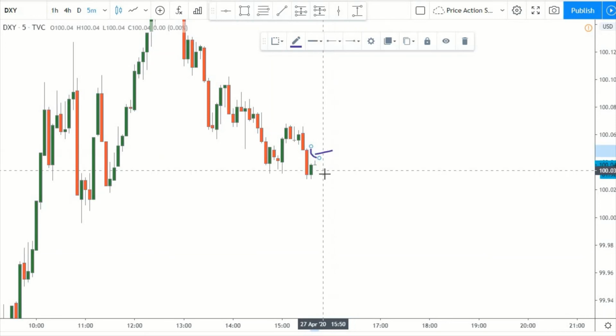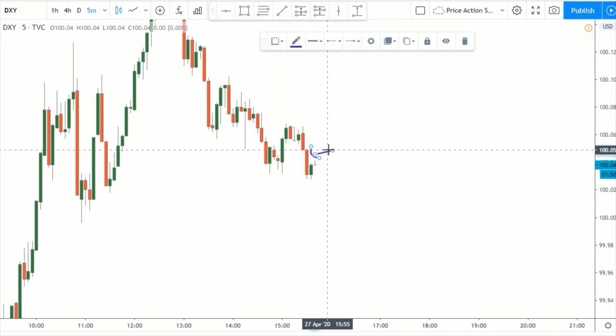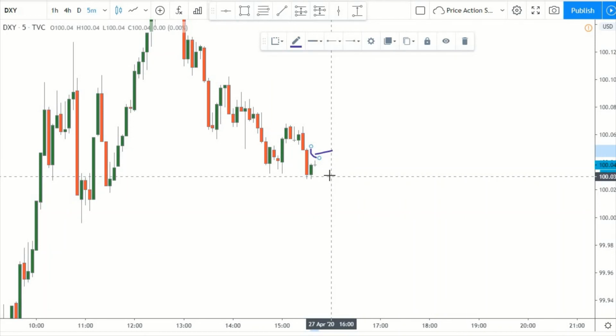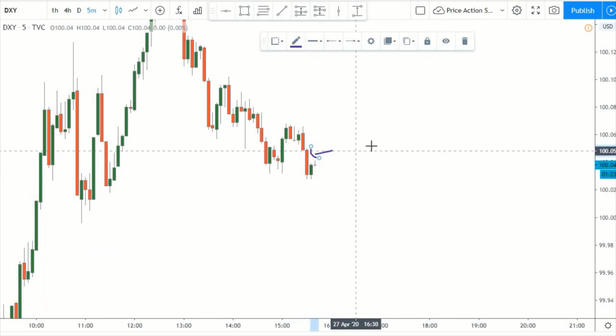The price opens, look on the left, at 100.05. It made a high of 100.05 something, pushed all the way down to make a low of 100.3, and closed right here at 100.36.